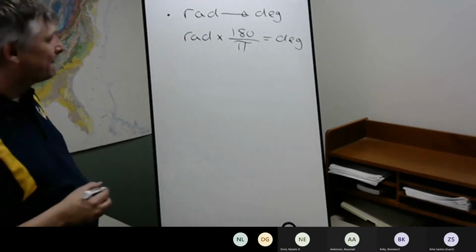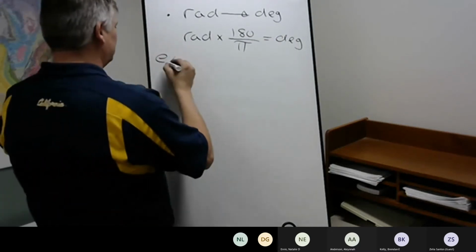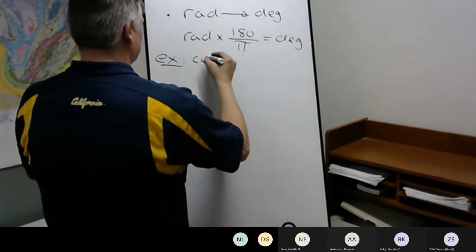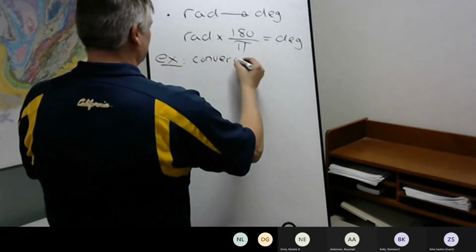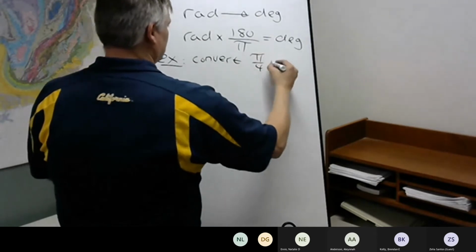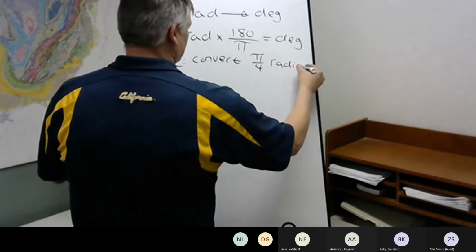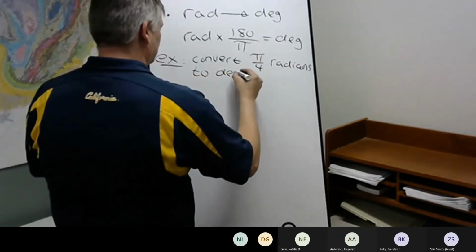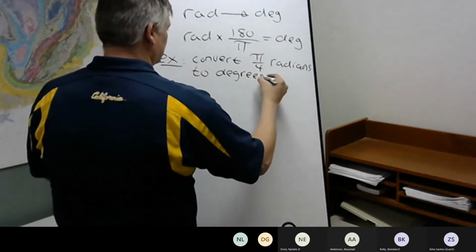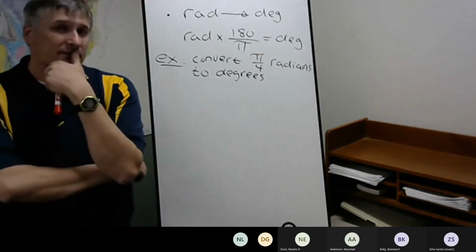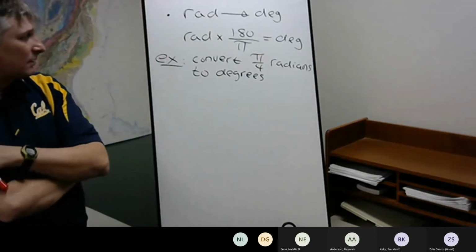So for example, we're going to convert pi over 4 radians to degrees.